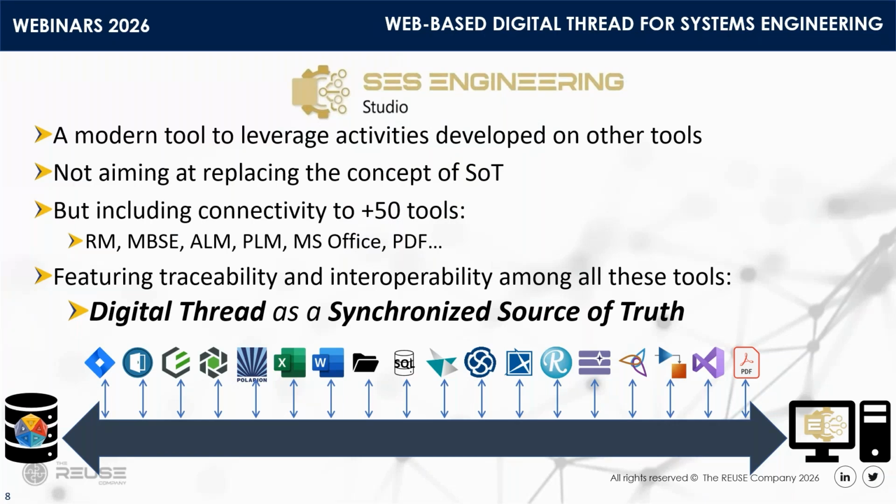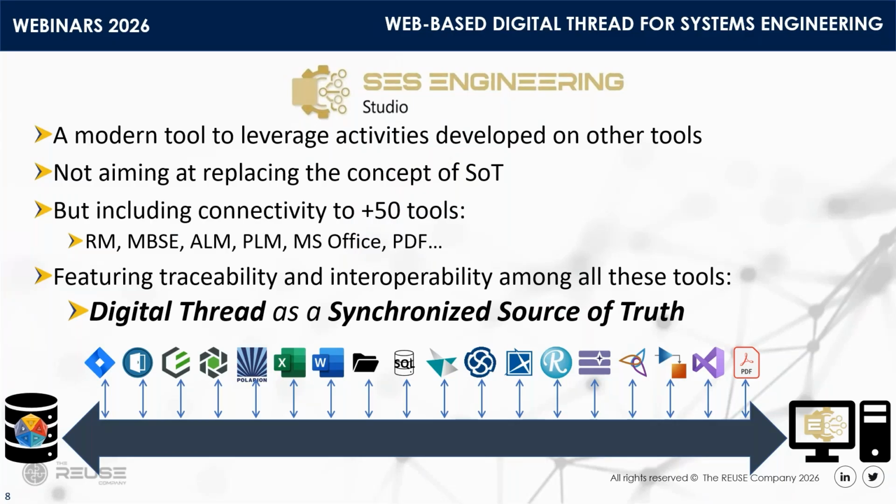So in order to do that, we offer connectivity to more than 50 different tools for many different domains of the engineering: requirements management, model-based systems engineering, application lifecycle management, product lifecycle management, even office suites such as Microsoft Office, or even exchange documents such as PDF.